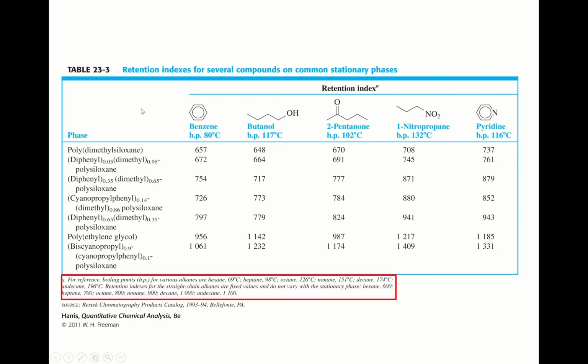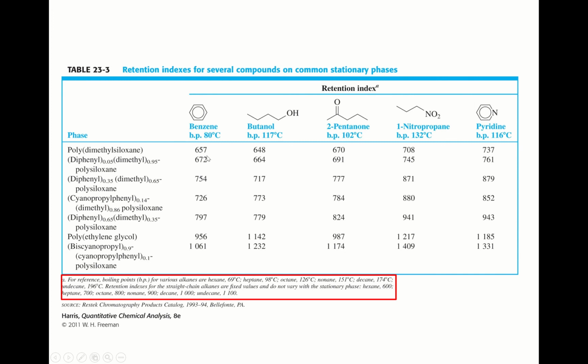This table gives retention indexes for several compounds on common stationary phases. Polymethyl siloxane is a very non-polar stationary phase, and the benzene retention index is 657.